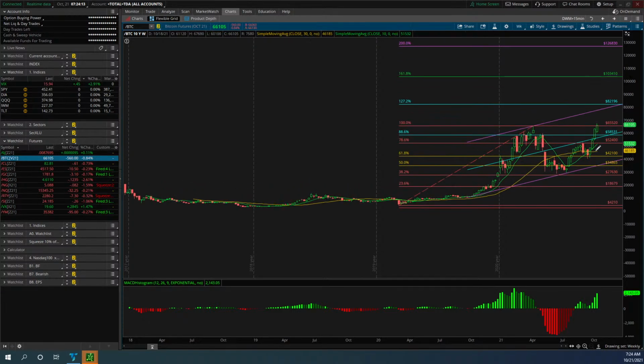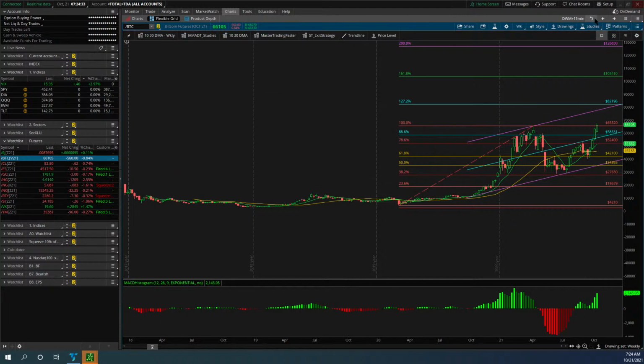So we'll see, it's been moving up very nicely here in this channel. We'll see if it hits around this area here. It's moving very fast to the upside, breaking now.